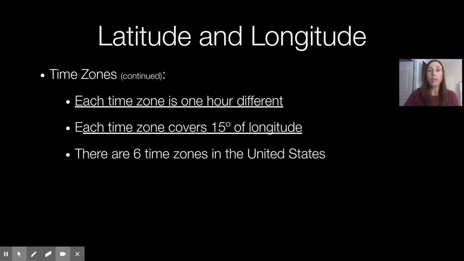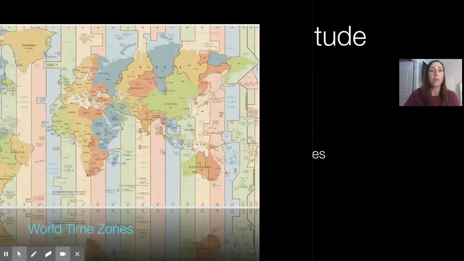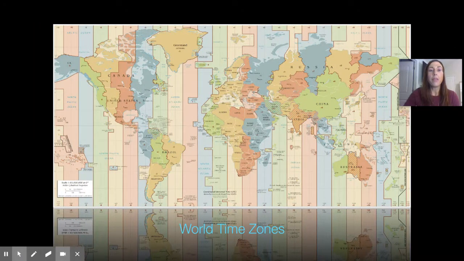Also, there are 6 time zones in the United States. And this is a map that shows you all of the time zones in the world. And you can see our 6 time zones now in the continental United States, the part that everybody thinks of when they think of the United States, there are 4 time zones.